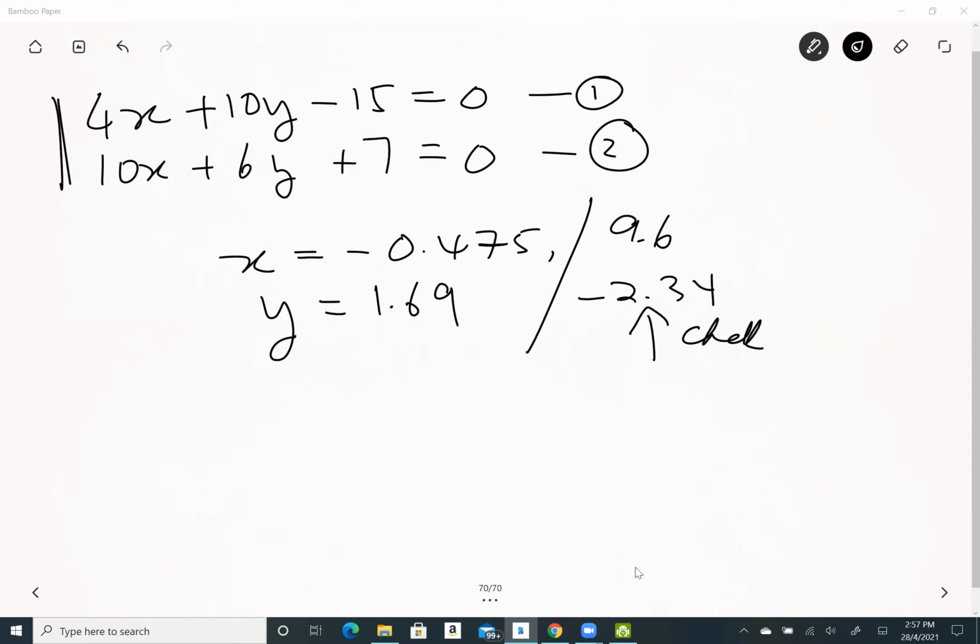So y is equal to 2.34. Okay, so if that is the thing, then what is the value of x?